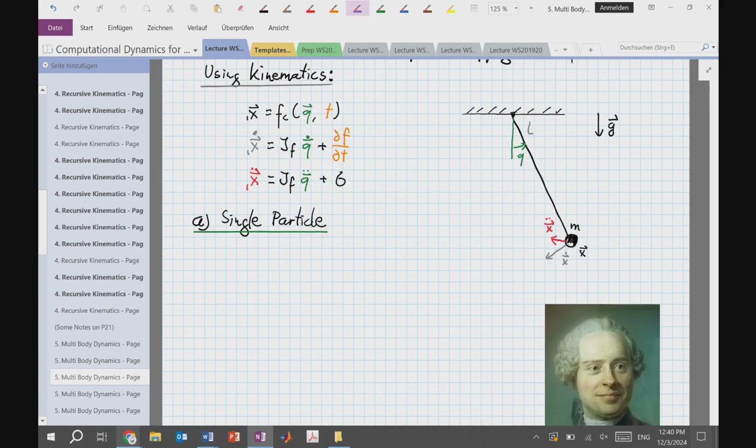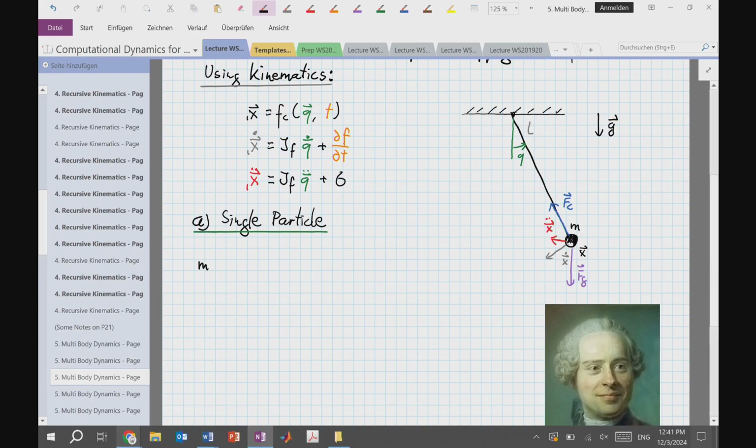And it's being accelerated because there is an external force acting on it, which is our gravitational force Fg, and there is a constraint force acting on it, which I would call Fc, right? And since this is a point mass on a rod, that constraint force has to be in the direction of the rod.